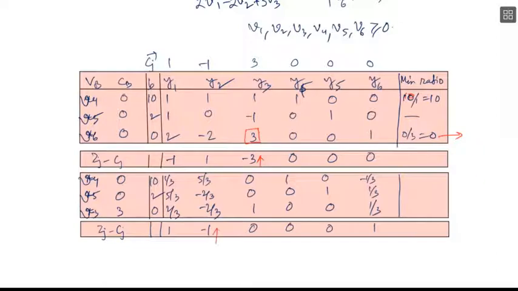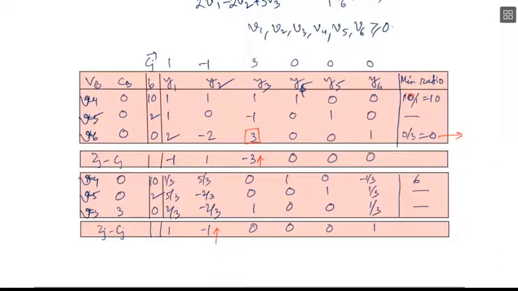So V2 will be the next incoming variable, and to determine the outgoing variable we have no option other than choosing V4, because these two ratios cannot be considered as their corresponding elements are negative, and the value is in fact 30 by 5, that is 6.